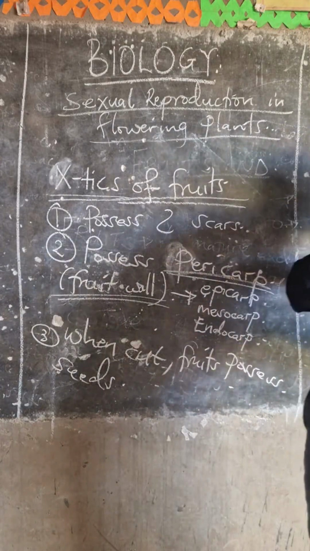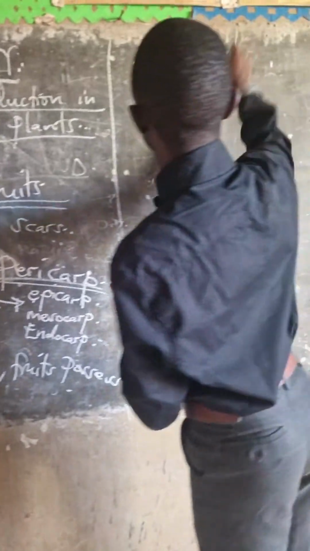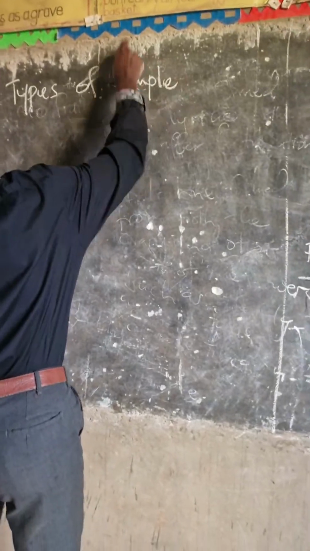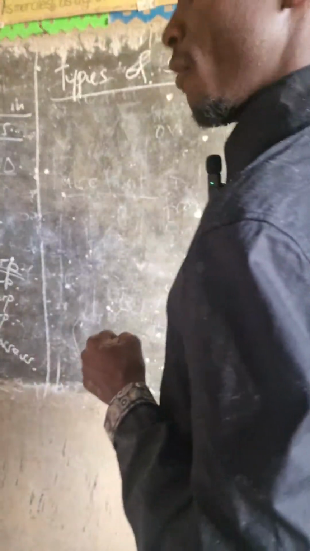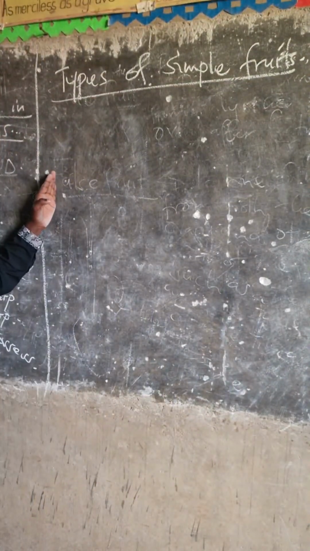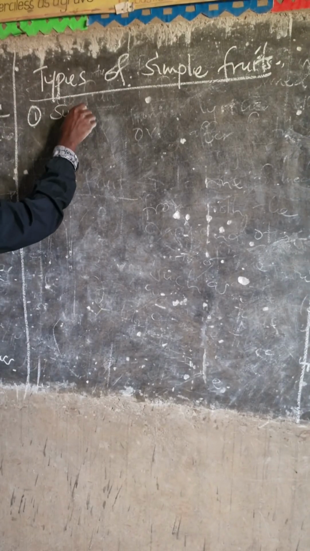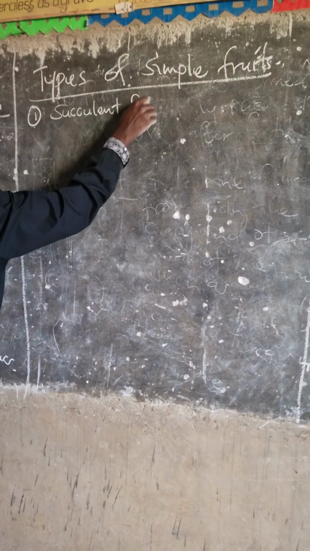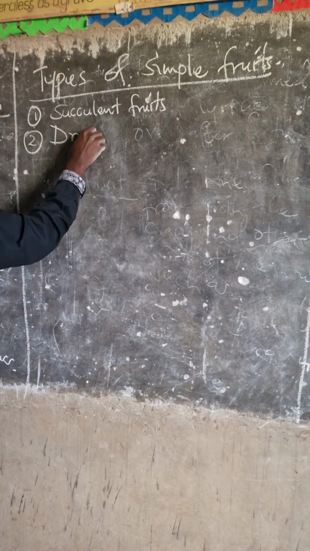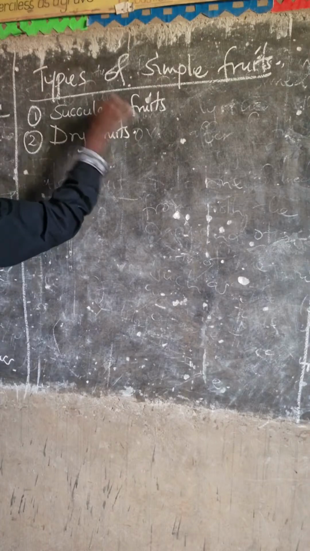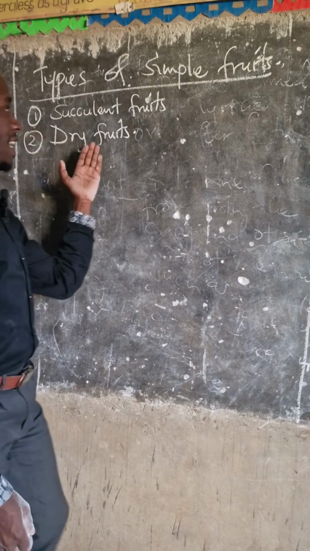To continue, we are going to give the types of simple fruits. We have two major types of simple fruits: the succulent fruits and the dry fruits.